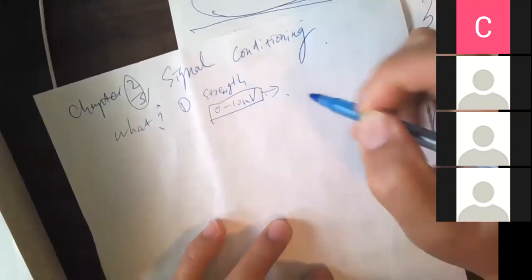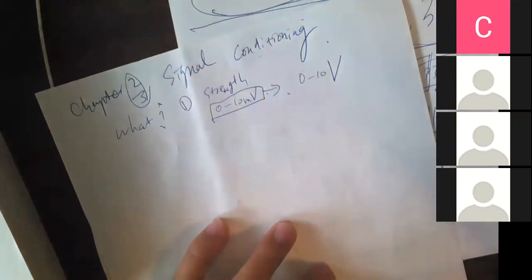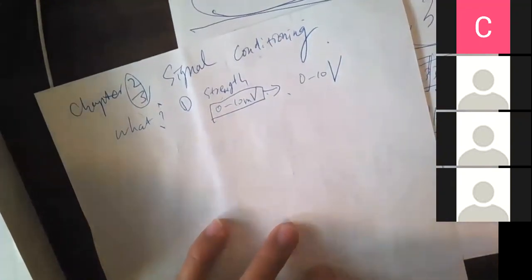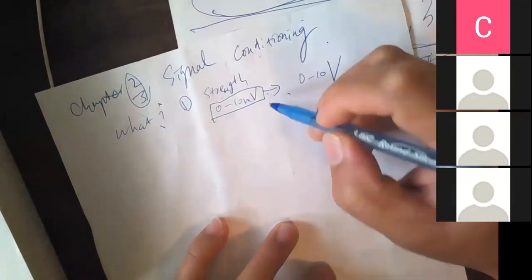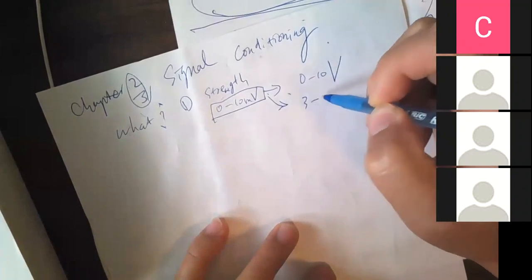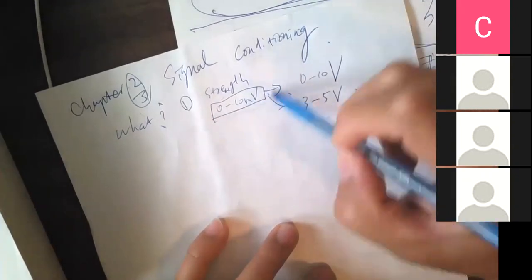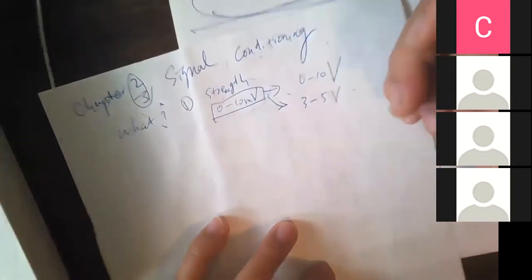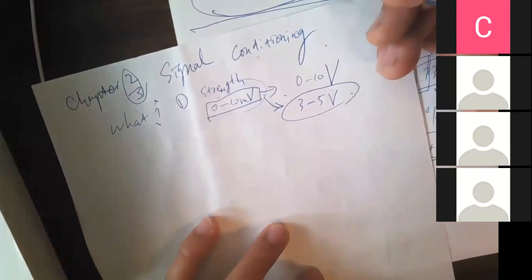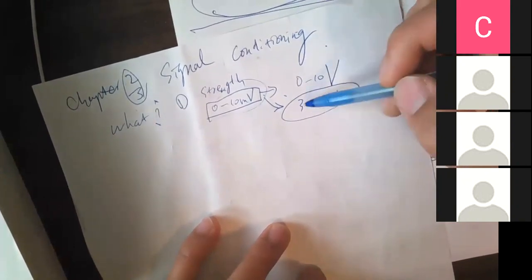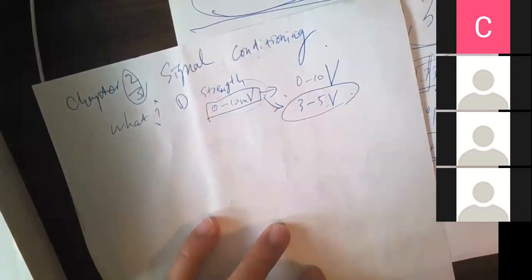And we want to convert that to 0 to 10 volts. So that's conditioning number 1. Or we want to convert it to 3 to 5 volts. That's another case. We started with 0 to 10 millivolts, but in that particular controller or application, we want to convert it to 3 to 5 volts.